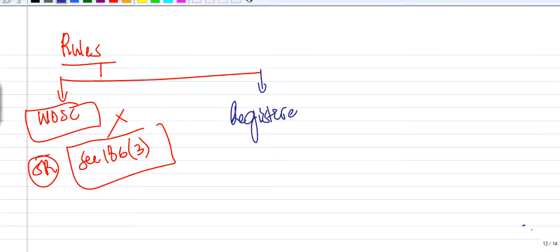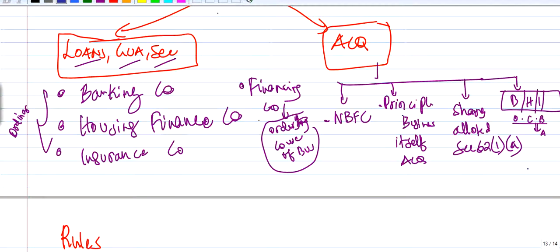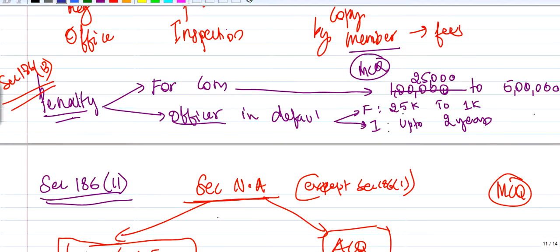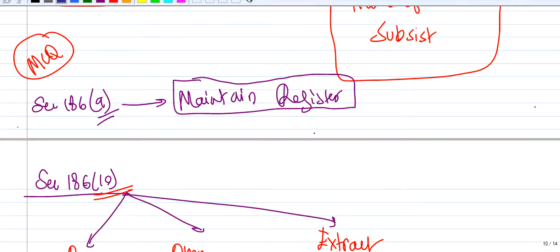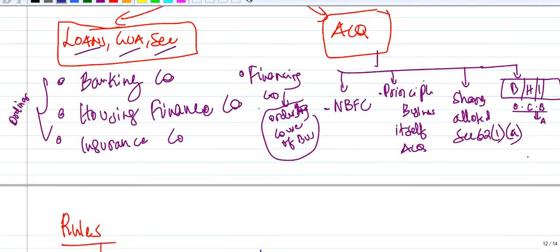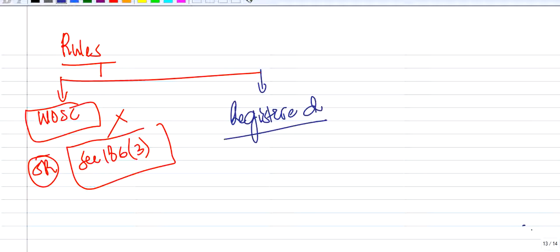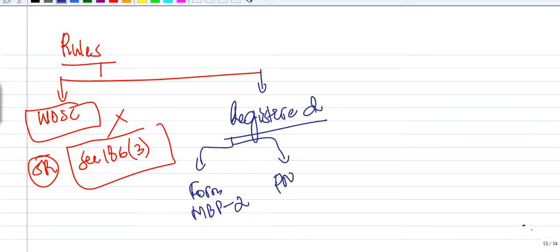Of course, we have the section also, section 186, is it 9 or 6? Maintain register, subsection 9. What about the rules? That should be maintained in form MBP2. MBP2 must be preserved. Of course, preservation comes within 7 days of the transaction.